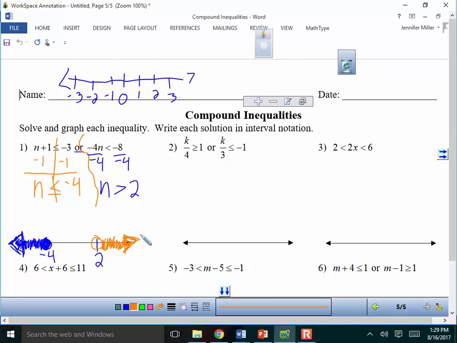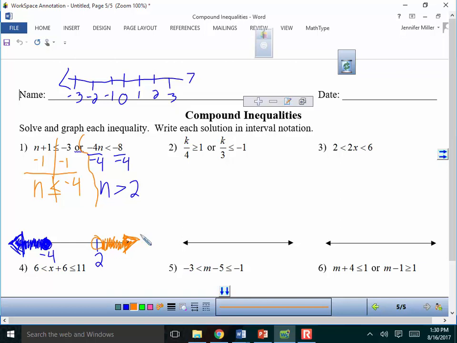All right, on number 2, this is pretty much, oh, we can't move on yet. We have to do your least favorite part, and that is that we need to write this in interval notation, okay? So in order for us to write this in interval notation, that's what we did, remember, on that review where we have the brackets and the parentheses and the infinity sign and all that jazz.